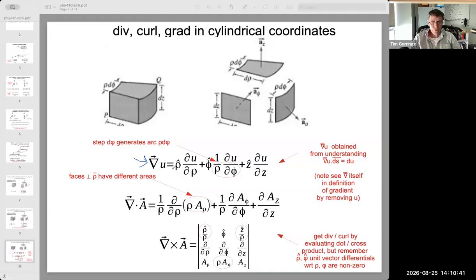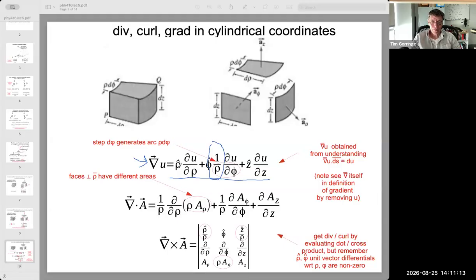In rectangular coordinates, we wrote this as the x, y, z unit vectors multiplied by the partial differentials of the scalar field with respect to the x, y, z coordinates. It's very simple like that. And this expression is almost the same as the rectangular coordinate version, with the products of partial differentials and unit vectors, with one little exception in here.